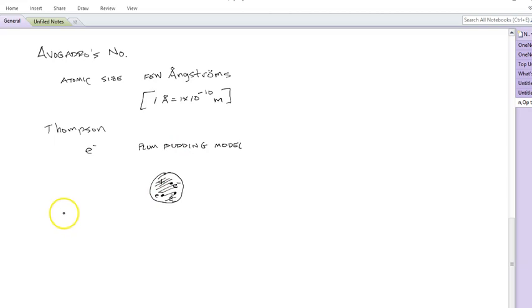Okay, so then, early 1900s, a guy named Rutherford is trying to characterize and probe things about the atom, to get more information. So what he does is he takes alpha particles and sends them through a metal foil. I believe it was a gold foil first. Now, what are alpha particles?